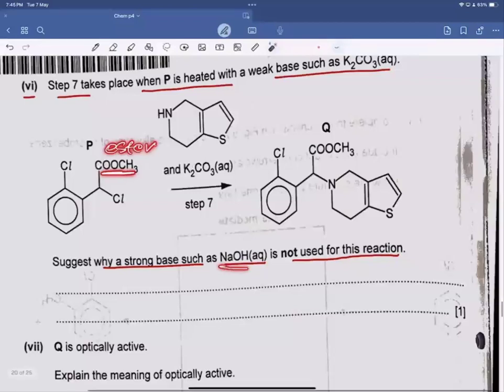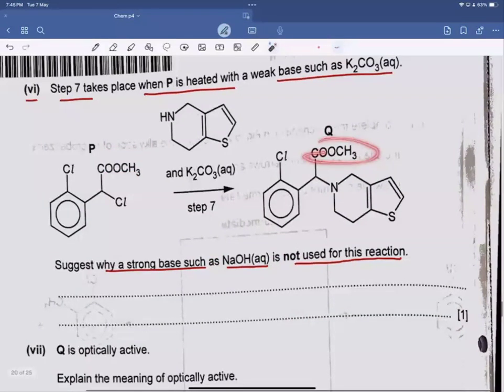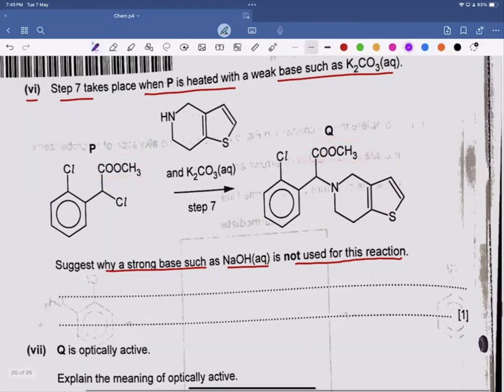An ester can undergo hydrolysis with aqueous sodium hydroxide because it's a strong base, and we use a strong base for the hydrolysis of esters. And here an ester is present. So it means we need a reagent which does not react with an ester, right? So I think the more appropriate answer is to write that the ester has been hydrolyzed if we use a strong base.